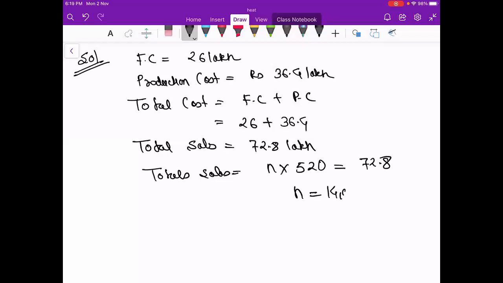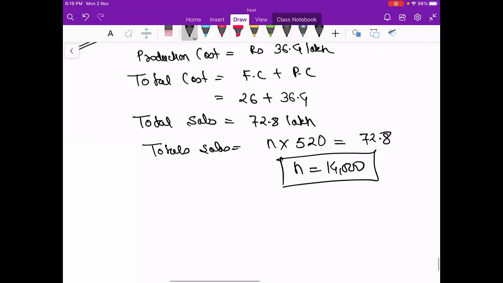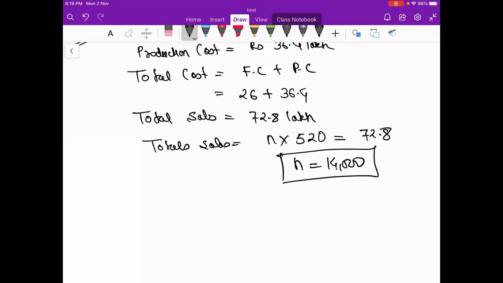14,000. Very good. It means if we are selling 14,000 products, we are manufacturing 14,000 itself. So we have the production cost. The production cost formula is N into CP.